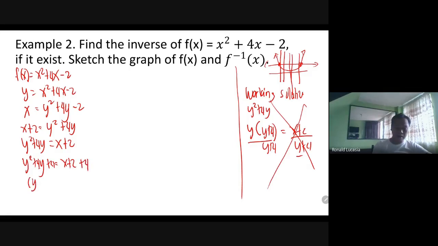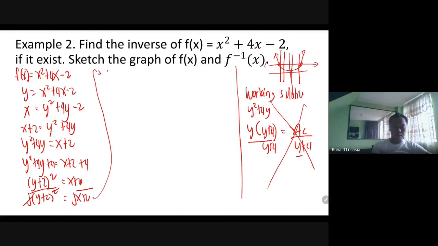So our left side is now a perfect square trinomial, which is equal to x plus 6. To remove the square, we take the square root of both sides, so what remains is y plus 2 equals the square root of x plus 6.